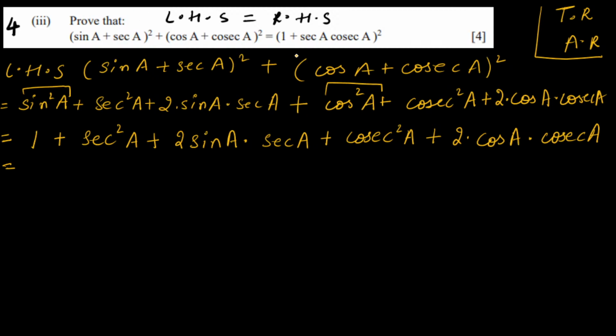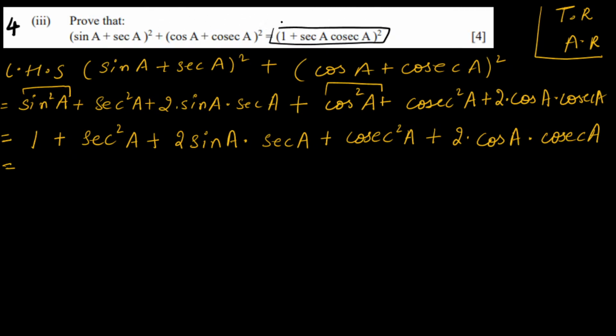See, on the right side we have (1 + sec A into cosec A) whole square. If you expand this whole square also, you can check what you need.